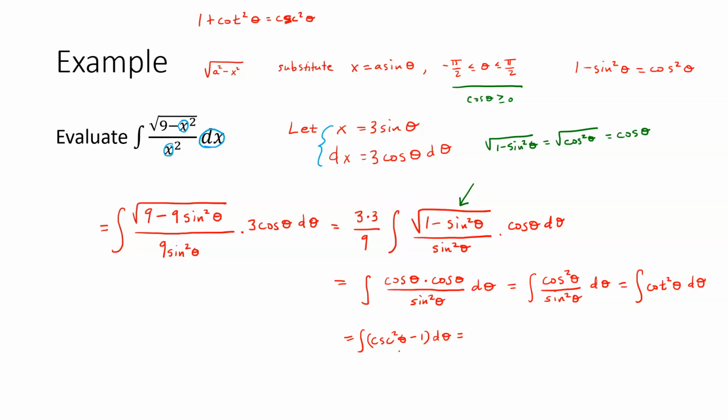And now we know the antiderivative of cosecant squared, if you remember, the derivative of cotangent is negative cosecant squared.